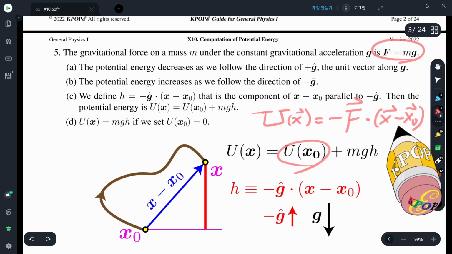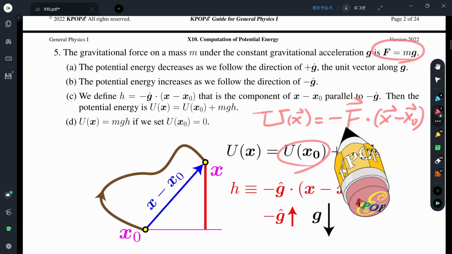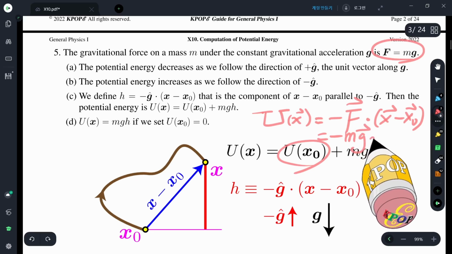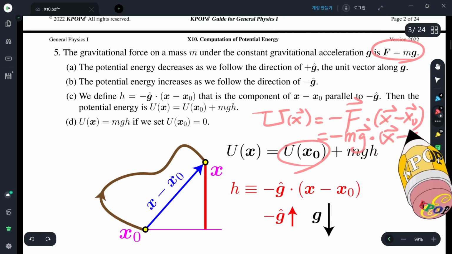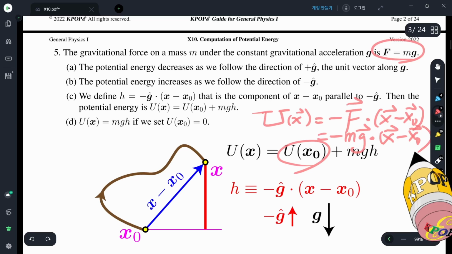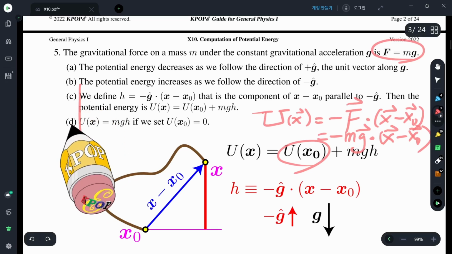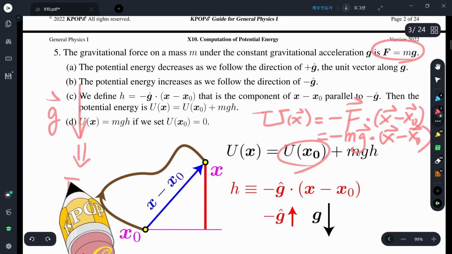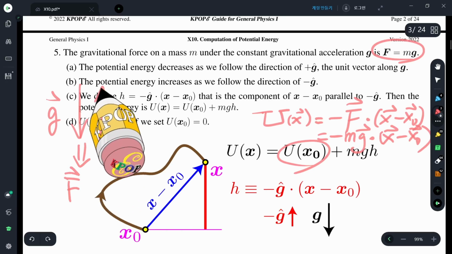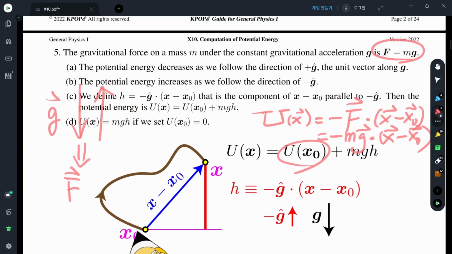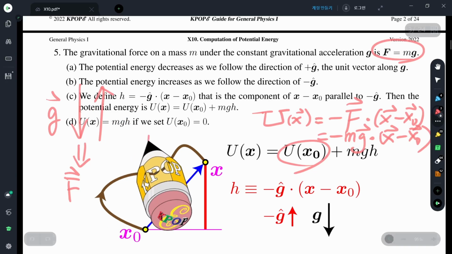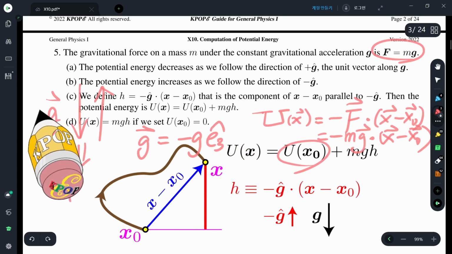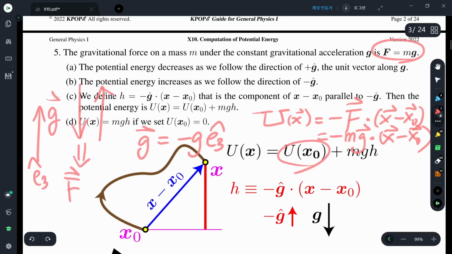In the case of a constant force, we substitute minus mg dot (x minus x0). Gravitational acceleration is down, and this is along the force. Potential increases in the opposite direction. So g is chosen to be minus g e3 hat. This is e3 hat.